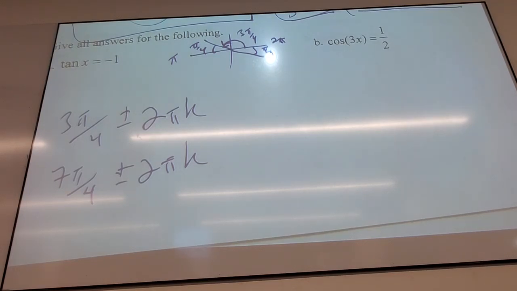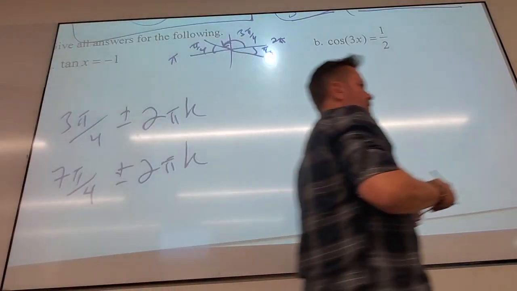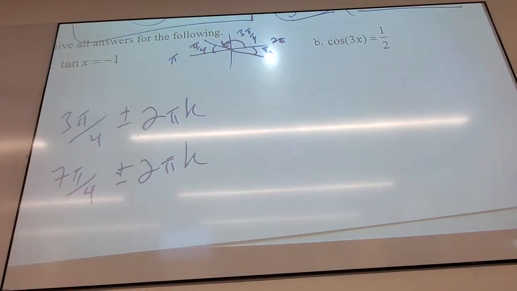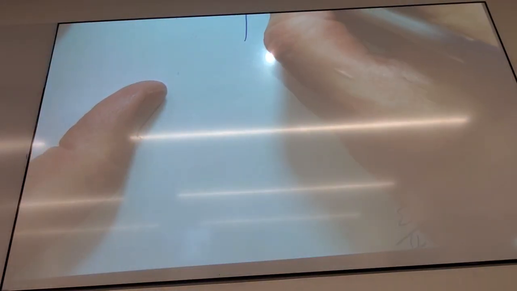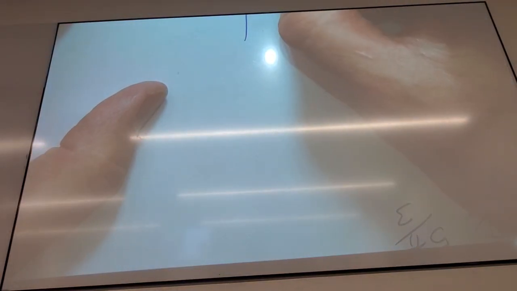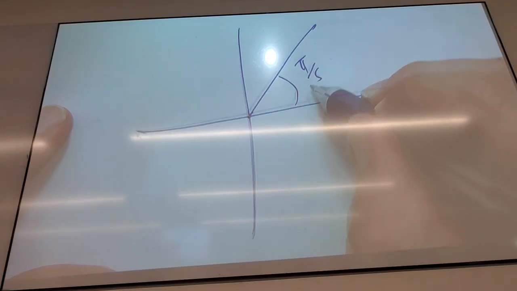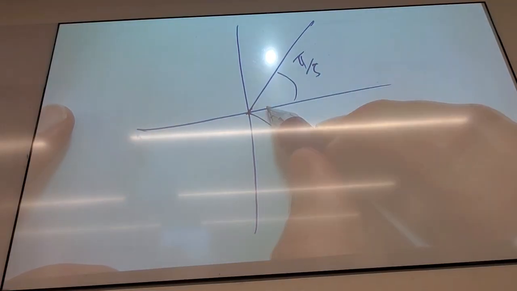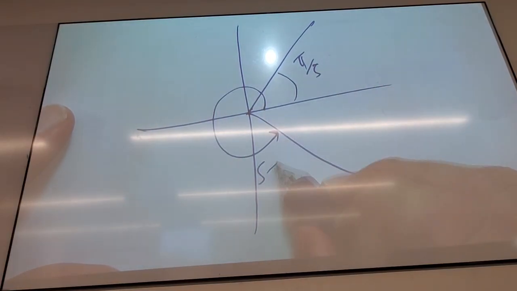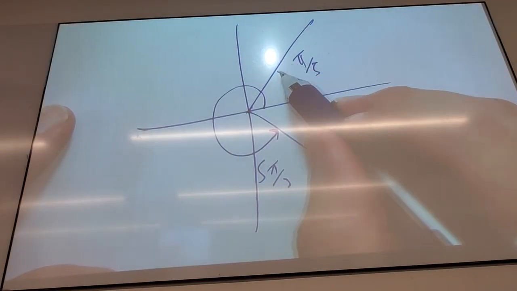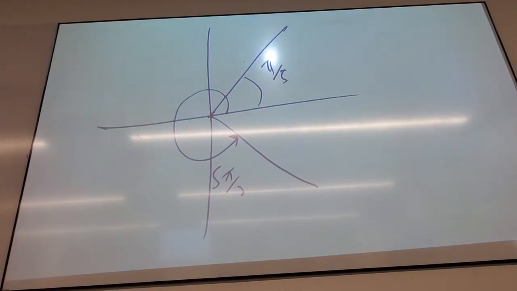This is so important. Remember earlier when our answers were, I can't remember now, pi over 3 and 5 pi over 3, yes? Remember that? Now, this is going to be a little tricky.